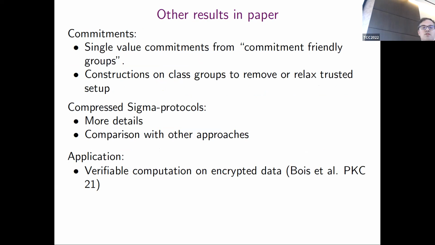We also have constructions on class groups that help with the trustedness of the setup, more details and comparisons with the sigma protocols, and then an application that motivated us at the beginning, to verify computation on encrypted data, in a paper in PKC 21, where working over rings has certain advantages as opposed to working over fields.